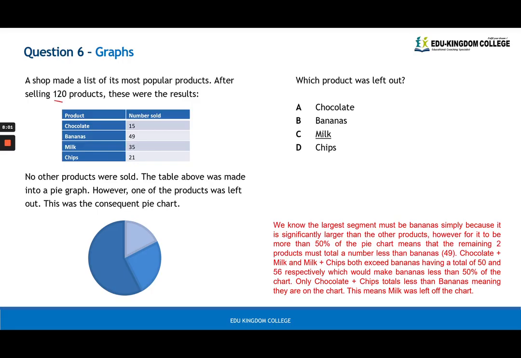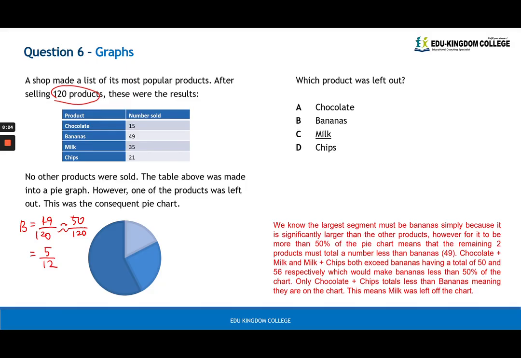So we have to put it over a total of 120 and think about the percentage that it occupies, okay? So for example, for bananas, 49 over 120. I want to just say 50 over 120, because we just want an approximate, which is like 5 over 12.